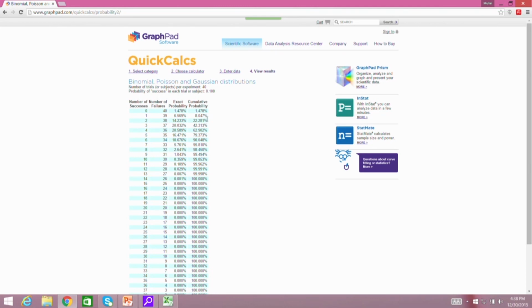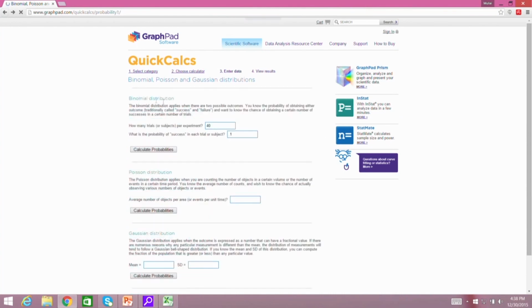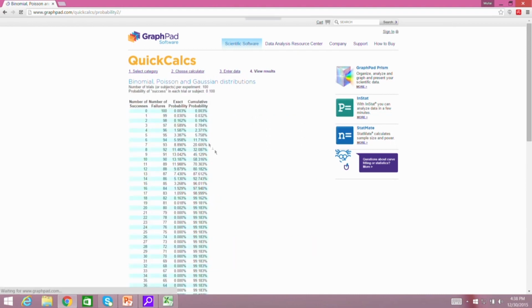Whereas if you want to have less than 5%, then obviously if I go to n equal to 100, suppose I take a sample of 100 patients and do this study, as you can see here, out of the 100 patients I can have up to 5 patients having toxicity and I will be within that 10% limit, but if I go beyond that I will have numbers going up.